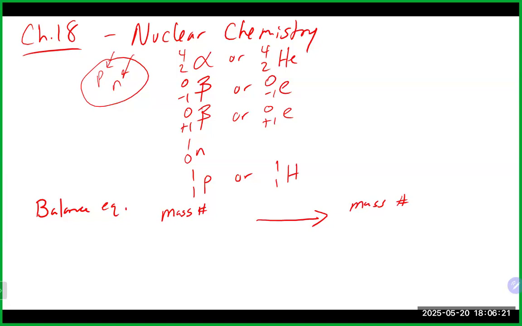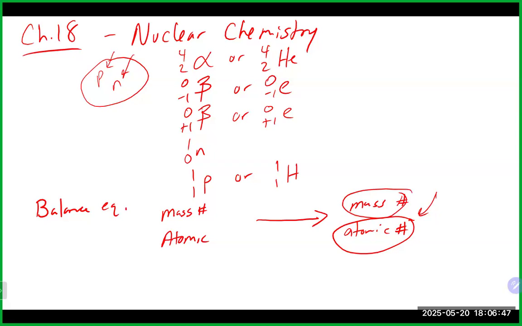And we also want to make sure that all the atomic numbers on the left-hand side of the arrow add up to all the atomic numbers on the right-hand side. So remember, since the atomic number is the number of protons and it tells you the element, that's usually a really good place to start if you're trying to figure out what's missing. And then you can fill in your mass number.